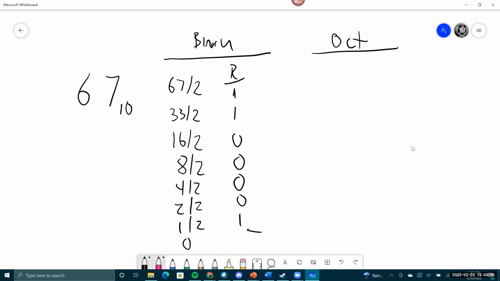All right, so this is from bottom up. This is 1, 0, 0, 0, 0, 1, 1, base 2. That's 67 in binary.